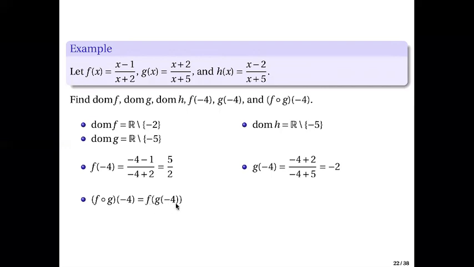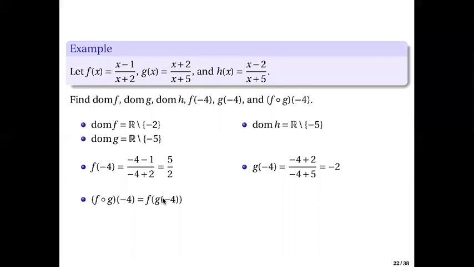Written this way, you see immediately that you have to evaluate g at negative 4. But we already have g of negative 4 here. According to this computation, g of negative 4 is negative 2.